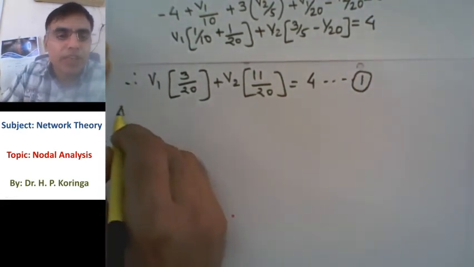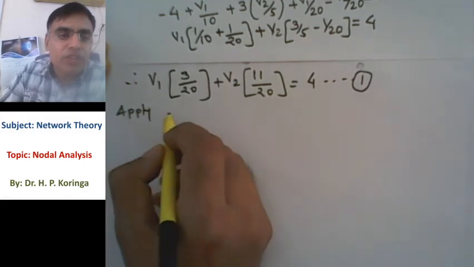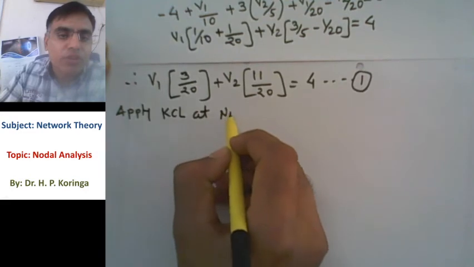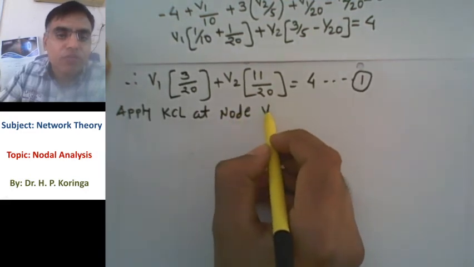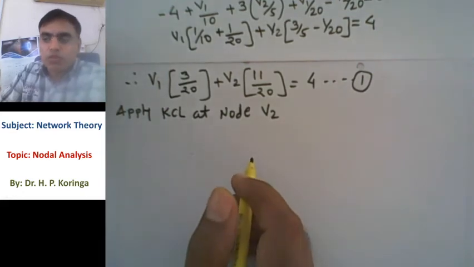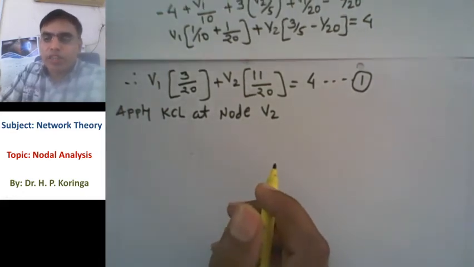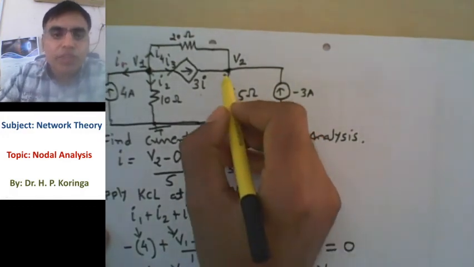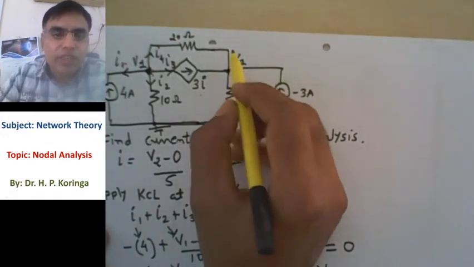Similarly, let's get another equation. Let's apply KCL at node V2. Let's see how many branches are connected at V2. Again at V2 there are 4 branches connected.